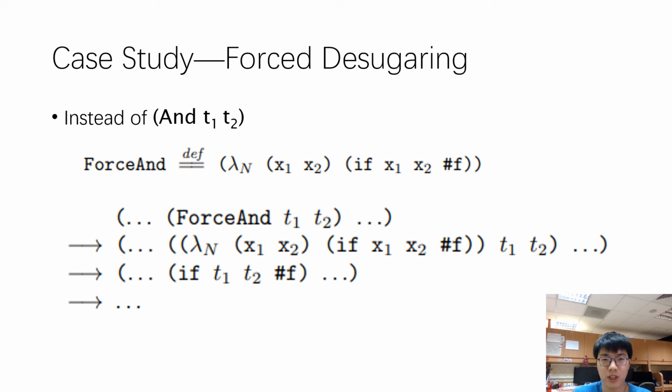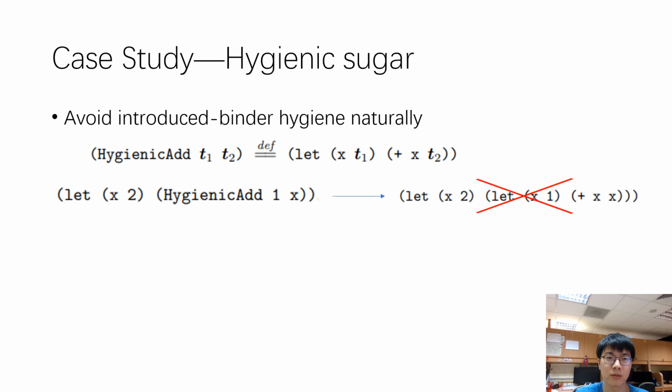Because the force and sugar have no context rules, it will be reduced to the lambda with two parameters, then become if T1 T2 false by the reduction of the combinator. It's really interesting, right? Because we skip our lazy by another lazy.